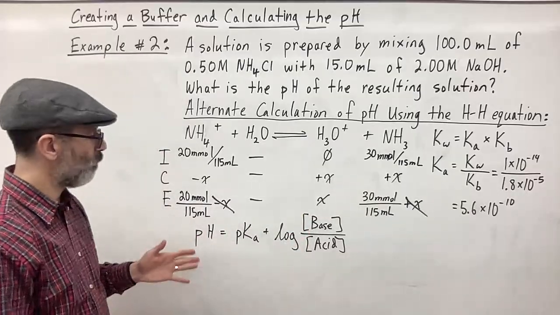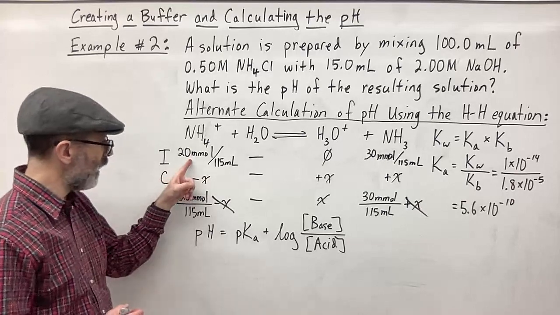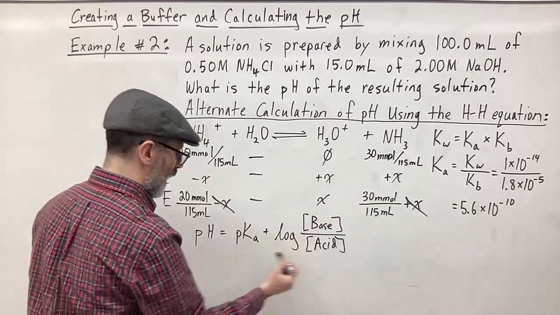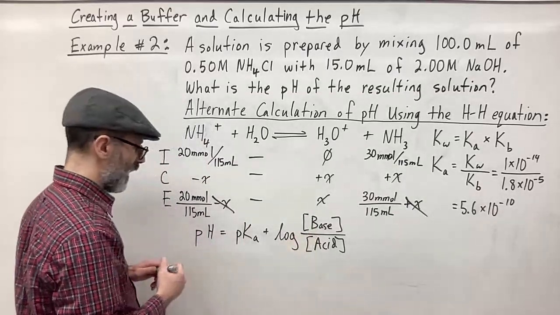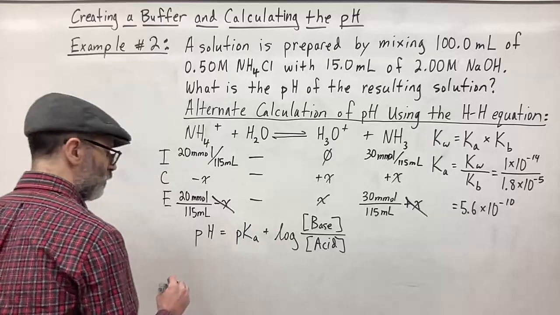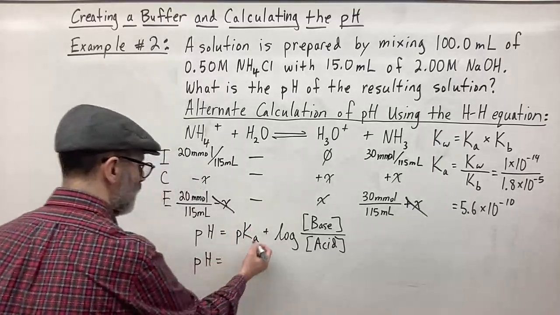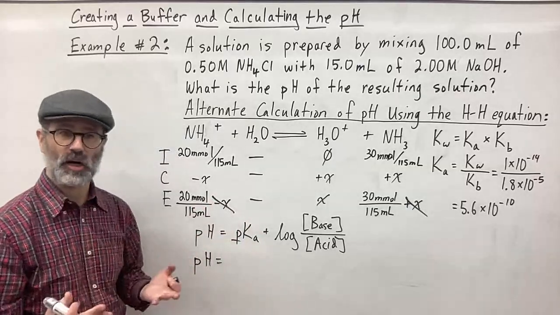Now, the thing I want to point out is notice that when I plug these in for base and acid, the concentration of base over the concentration of the acid, right? So let's start to fill this in. pH is equal to the pKa. Remember, P means negative log of, right?